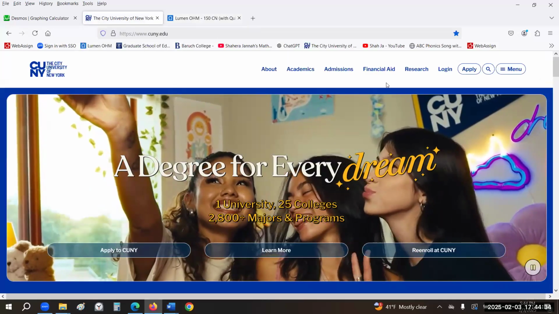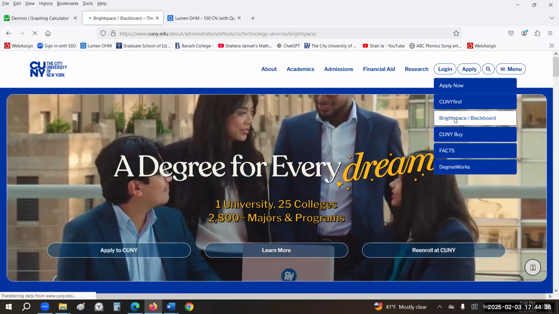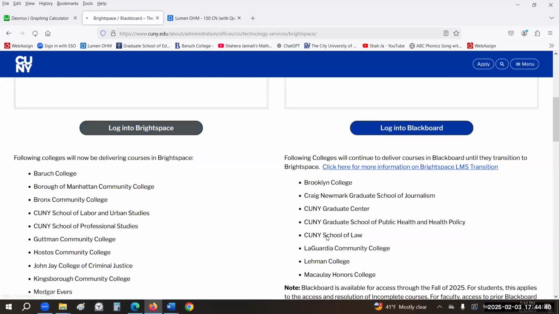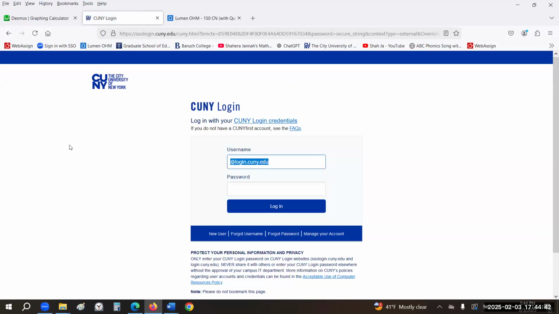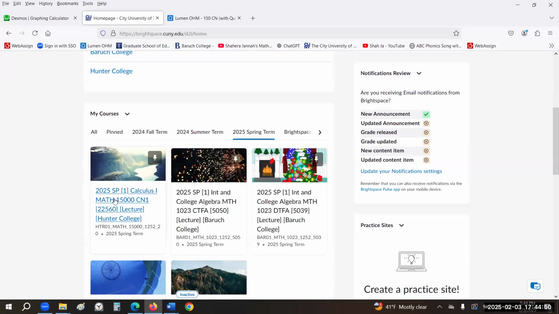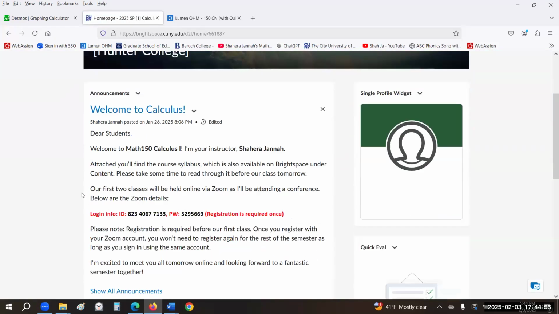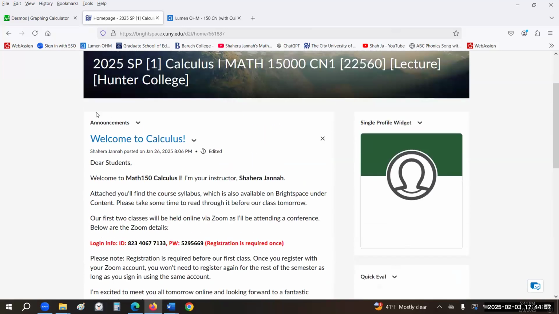Oh, Brightspace. So on Brightspace, in order to access our page, the first thing you're going to see is the announcement.